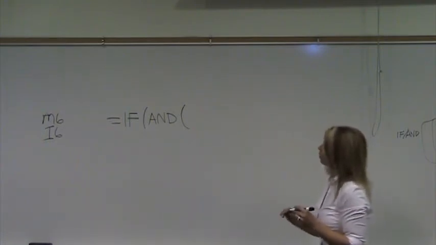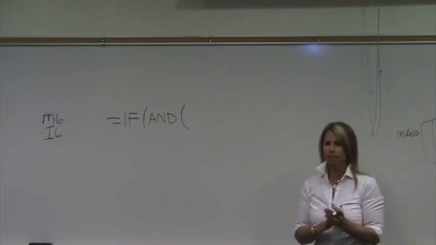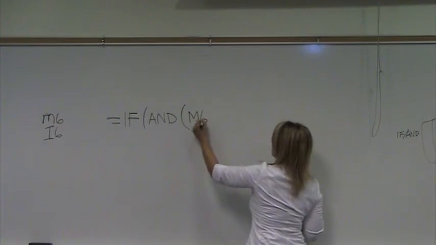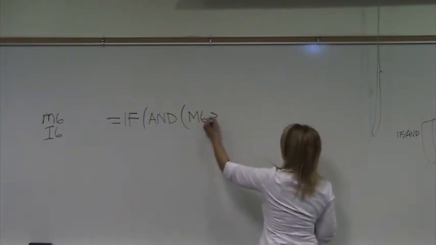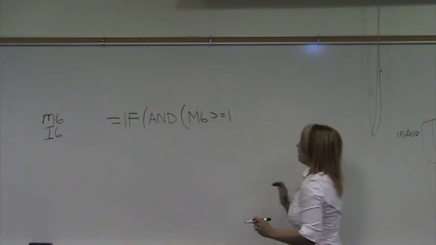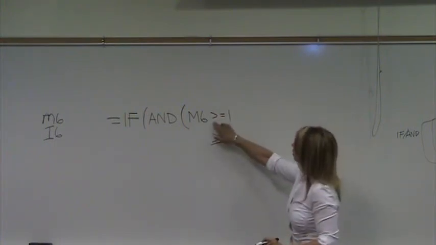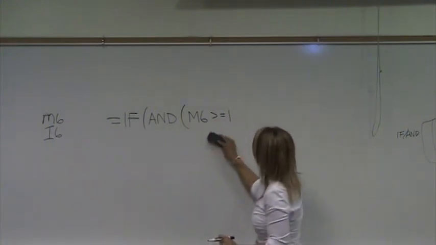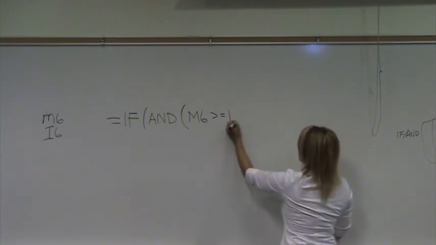So the first one, what does it depend upon for them to get a bonus? Their years of service, M6, has to be greater than or equal to 1. This is the operator when you're doing math. To write it out in Excel, you have to do the greater than sign and then the equal sign. Okay? So that's our first logical test, so we put a comma.